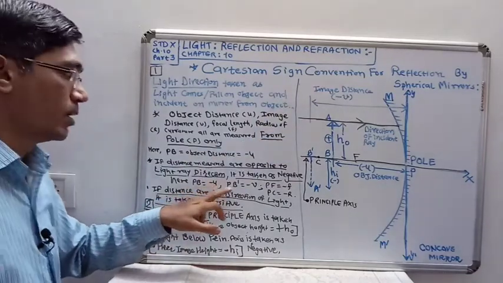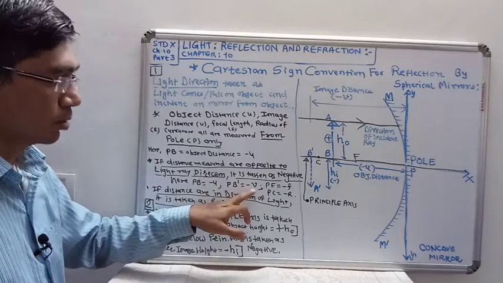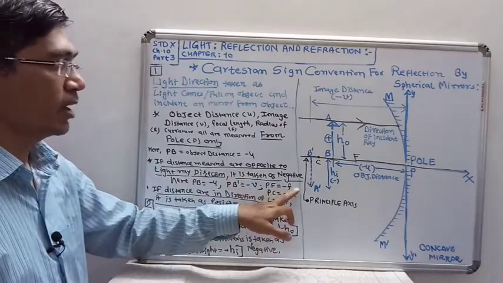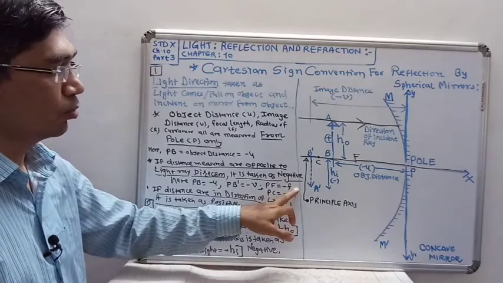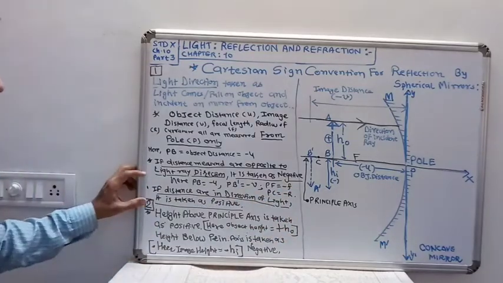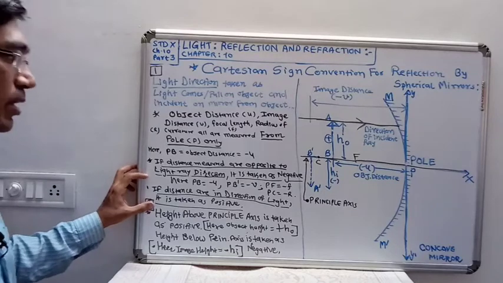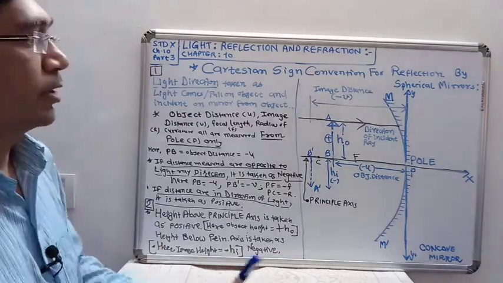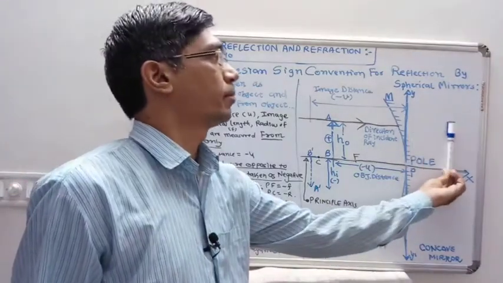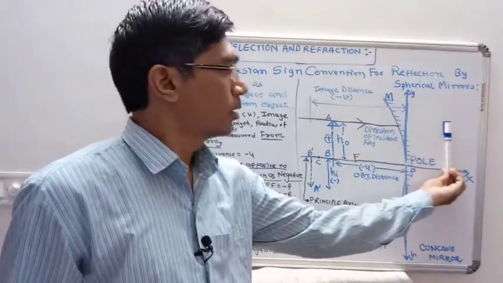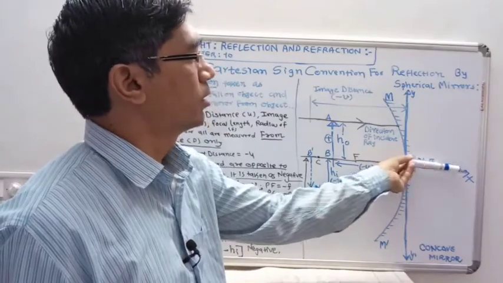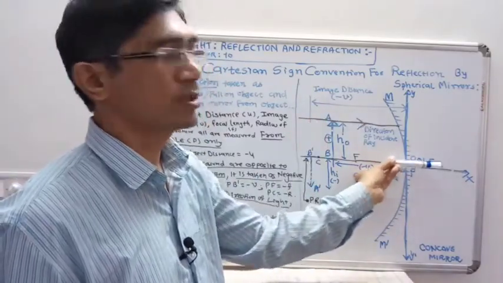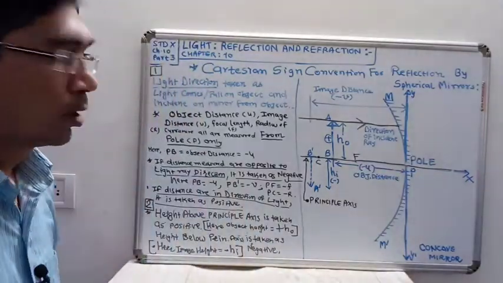In the same way, the image distance is also negative, the radius of curvature is also negative, and the focal length of the concave mirror is also negative. If distances are in the direction of the light, they are taken as positive. Suppose the image is formed behind the mirror; then the distance is in the direction of the light, so the image distance is taken as positive.